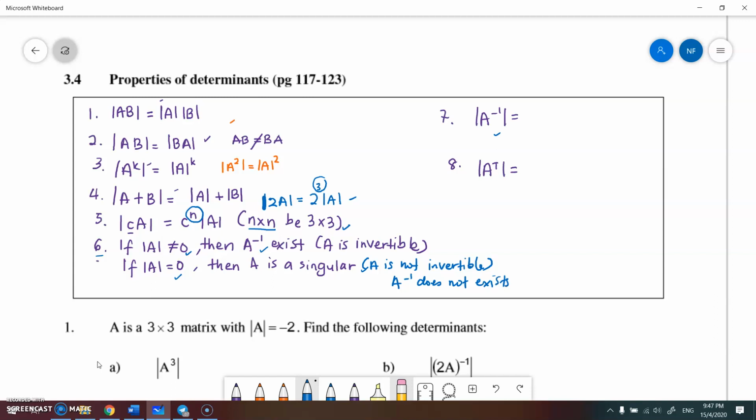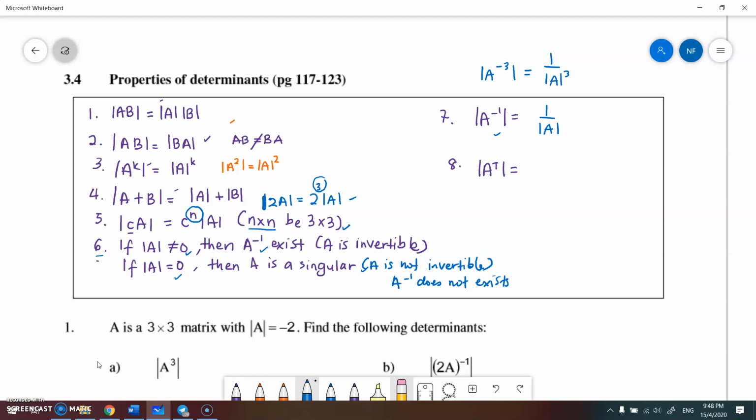Number 7: determinant A inverse is equal to 1 over determinant A. For example, if determinant A is negative 3, then it is 1 over negative 3 to the power of 3.